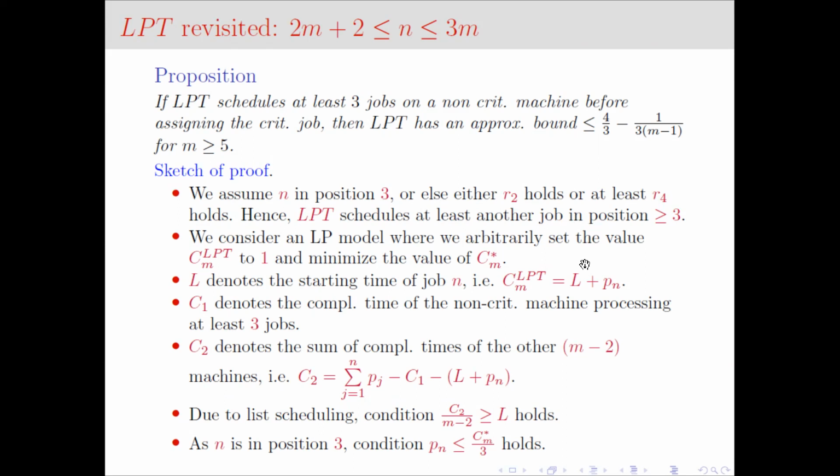So we consider an LP model where we arbitrarily set the value of the optimal solution equal to 1. So this will be our variable, opt equal to 1. And we want to minimize the value of CM star. Pay attention, we're talking about M. M is the number of machines, so it can be any. So we have to deal with this case.